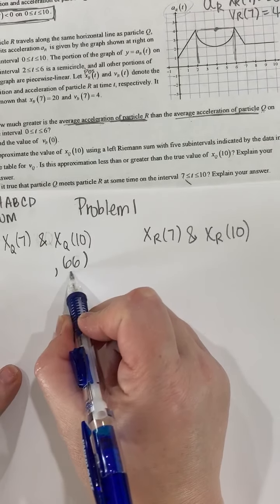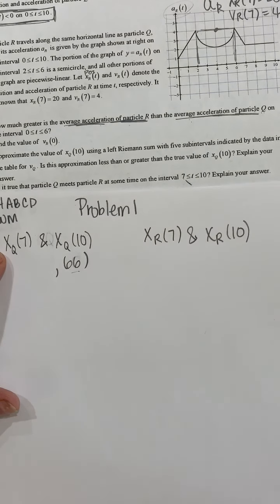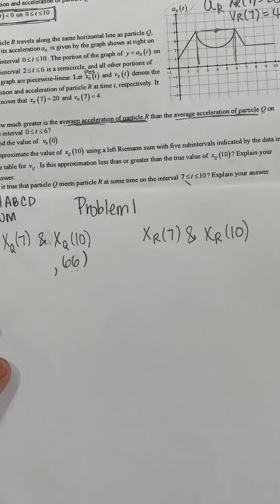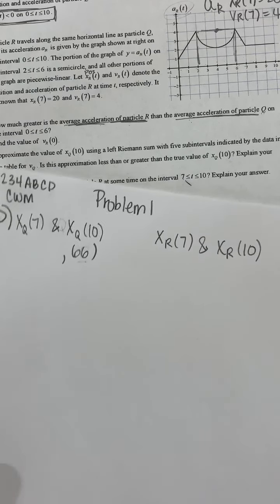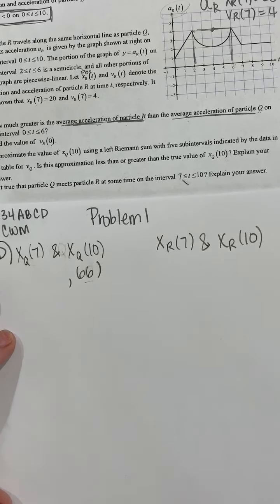Now, this was the biggest it could possibly be, so I'm going to try and find out what the smallest it could possibly be on this side. So, because this was just an estimate, because left-handed approximation gave me the greater approximation, I'm going to do a right approximation to find XQ of 7.